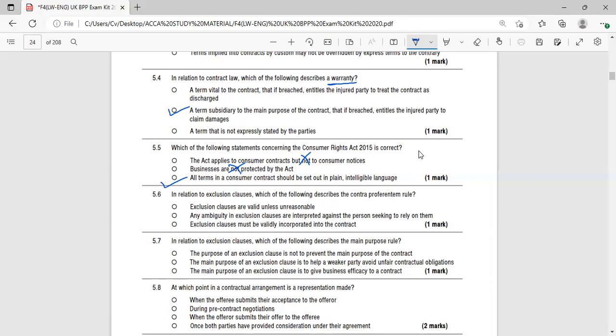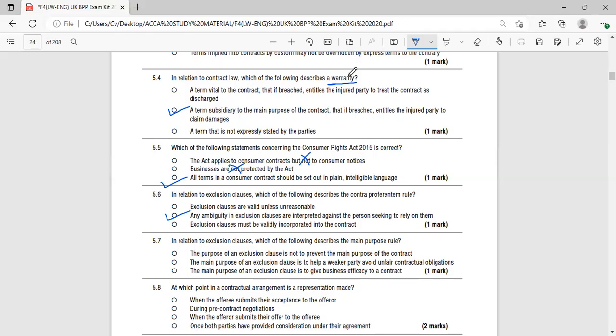So here, the contra proferentem rule states that any ambiguity in exclusion clauses is interpreted against the person seeking to rely on them.